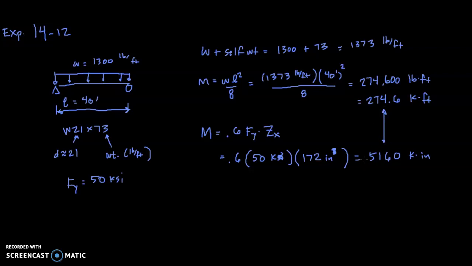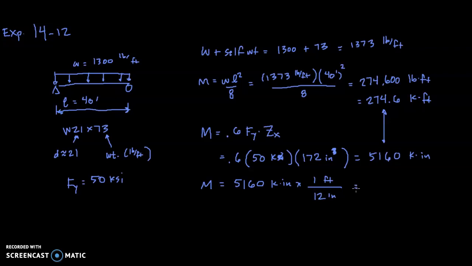274.6 kip feet is what's being applied. 5160 kip inches is what it's capable of resisting. So to know if this beam is adequate, we need to get them into the same units. So I can just take the allowable moment here, 5160 kip inches, and convert it by multiplying, for every 1 foot there are 12 inches.